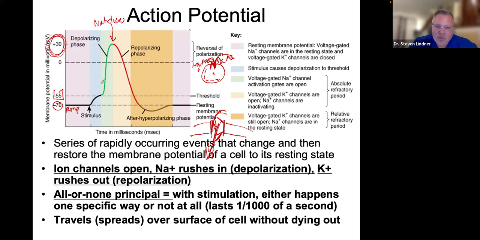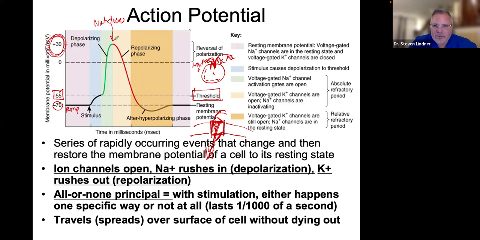Here, the sodium channels are way open. Here, the sodium channel is a little bit open, just a little bit, until it hits minus 55, right? Once minus 55, which is the threshold, is hit, both of these doors open and sodium goes from extracellular all the way to intracellular, and boom, you get that depolarizing, that rising phase to positive 30, at which point in time the sodium channels close.